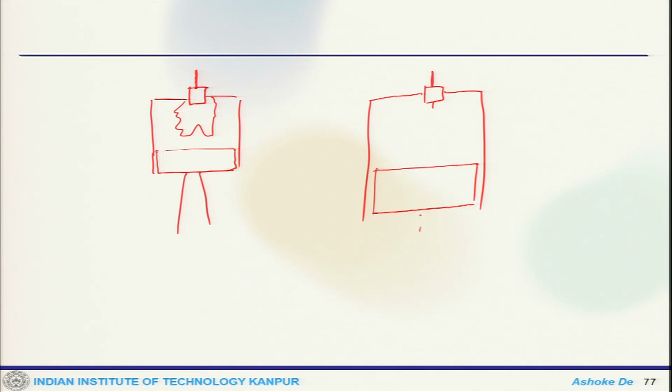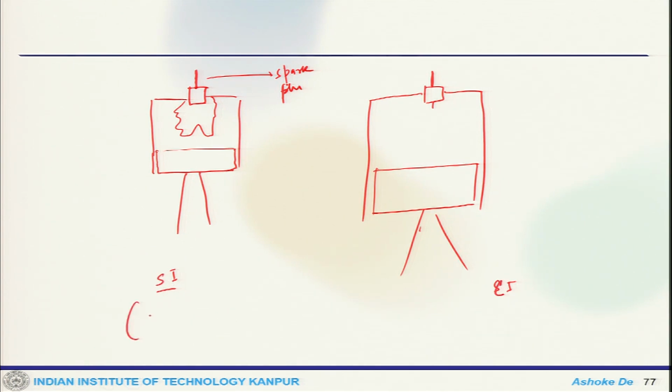And the other case you can have, this is my piston head. So, here this is spark plug, this is my SI engine or gasoline engine. This is spark ignition engine, this is compression ignition engine.